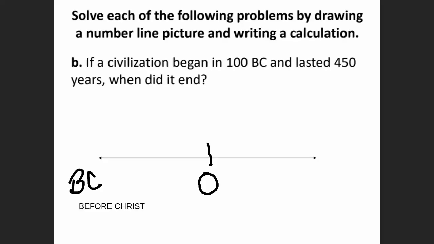Anything to the left of 0 was before Christ. Now, anything that is to the right of 0, some of you may not know that this is called AD. This is a timeline. This means after the death of Christ.